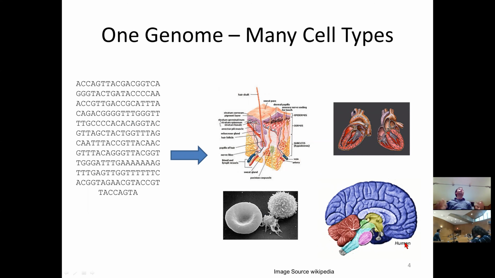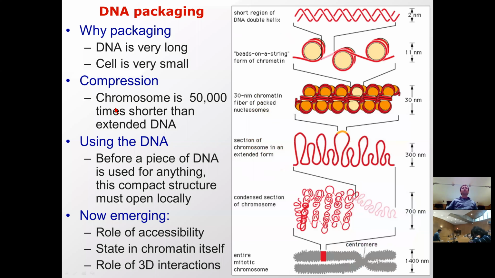So how do we arrive at such an incredibly complex machine that makes a human function from a single genome? So the answer, in part, lies in the packaging of the DNA. Namely, there's about 2 meters worth of DNA in every one of trillions of our cells. How is that possible?